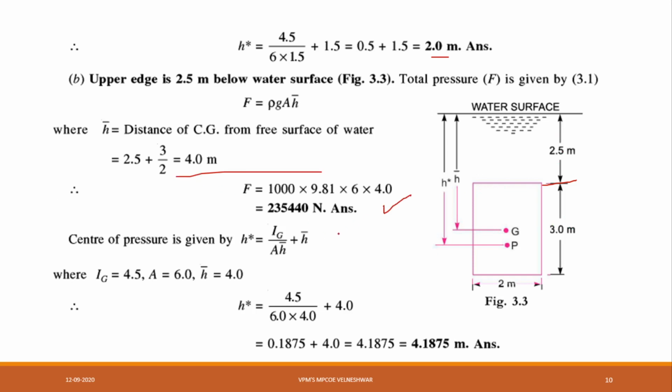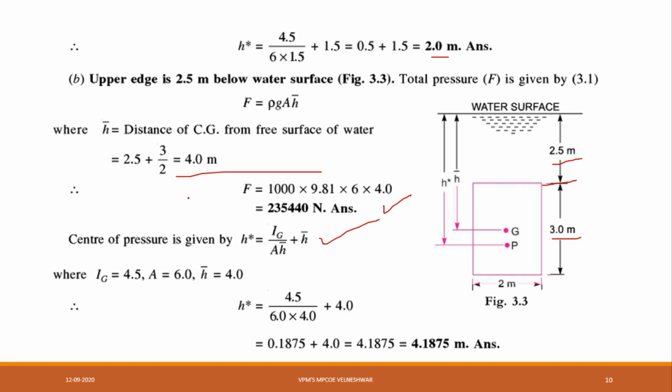The force formula is the same, and Ig is the same. Now find the force: force is equal to rho g A into h bar, 1000 into 9.81 into 6 into 4.